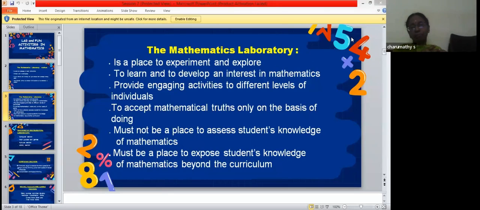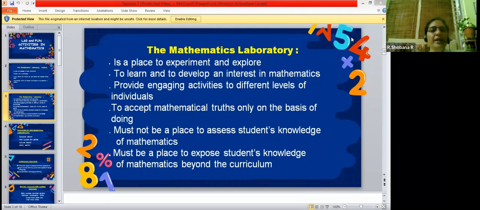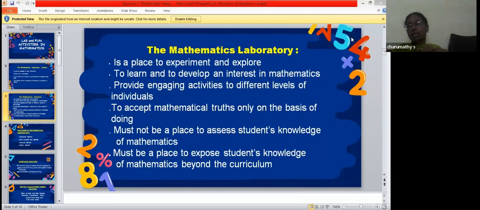Yes, ma'am. The next slide: the cognitive skills, the affective skills, and the psychomotor skills, all 3 domains, are developed in the maths lab. When they start working in small groups, they need to adjust. They need to help each other. They need to mingle with everybody, and make others comfortable working with them.